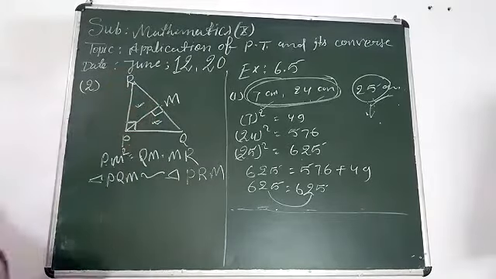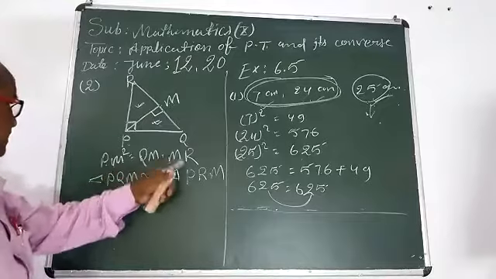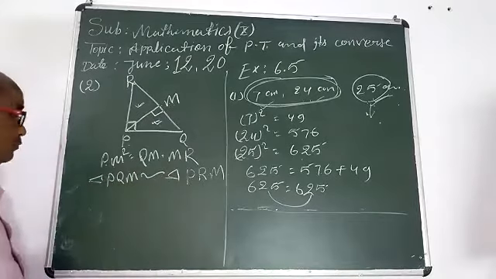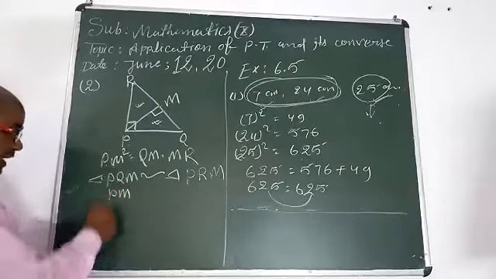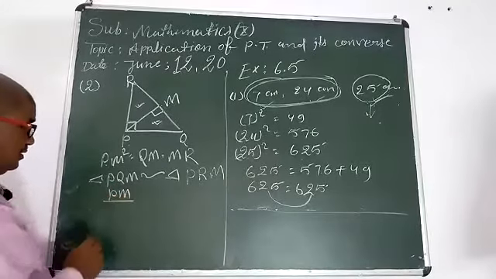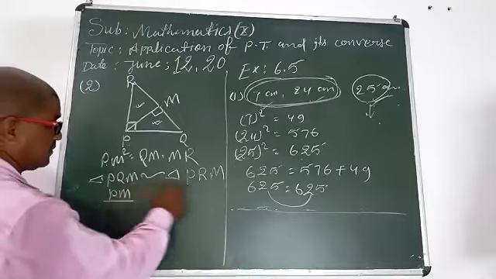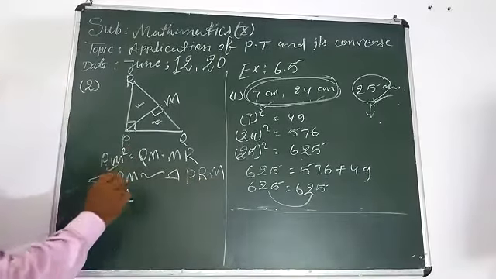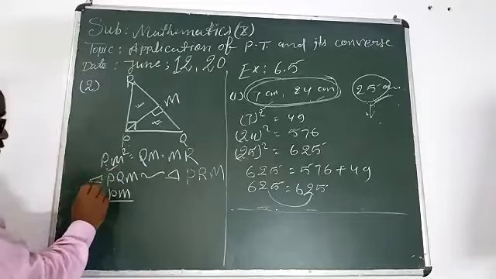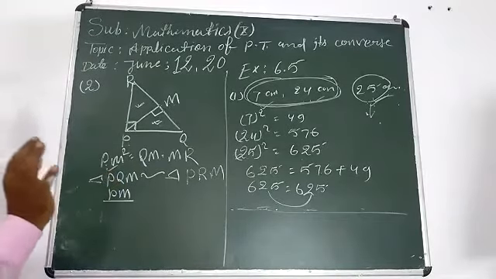If you are writing the name of the triangle in this way, then mind where you want to go. If you are writing PM, then you can't prove this. So you should change the name of the triangle here.